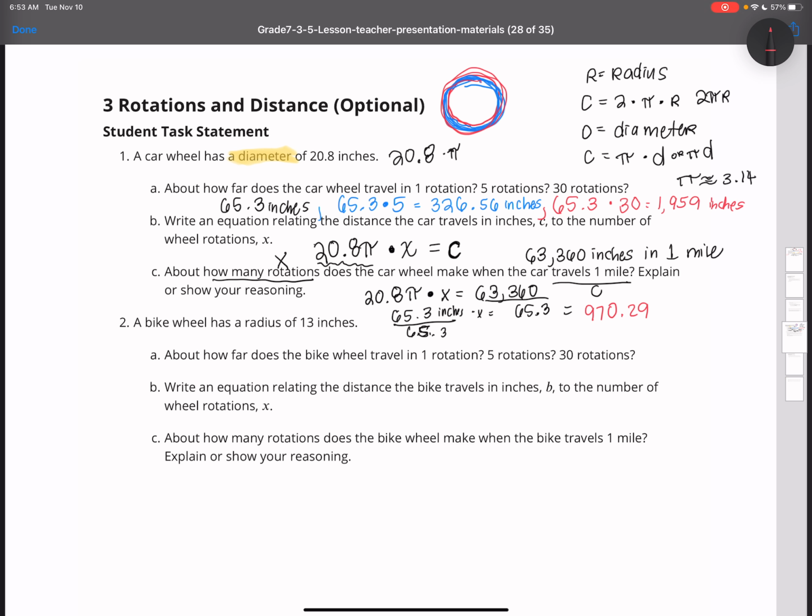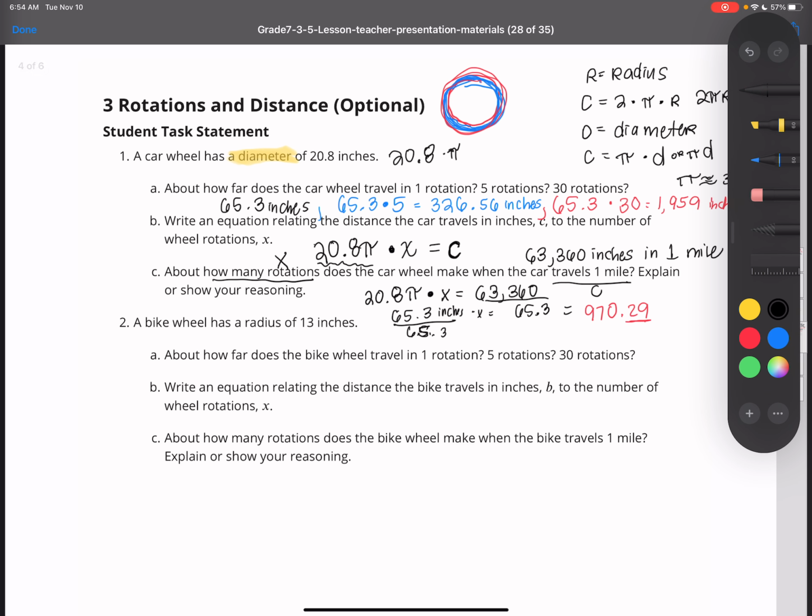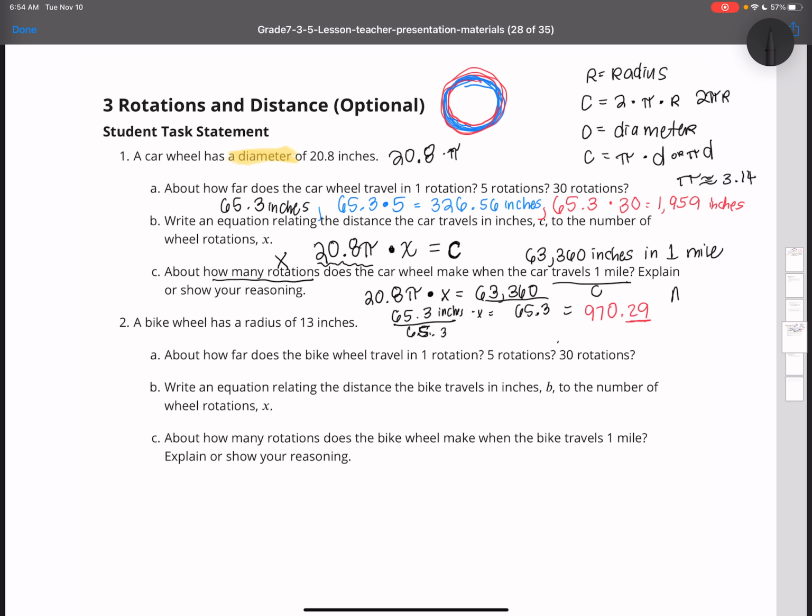Okay, rotations. Now, let's talk about a full rotation. Would this be considered a full rotation? No, it would not be considered a full rotation, okay? So if I had to write an answer, I will put about 970 rotations.